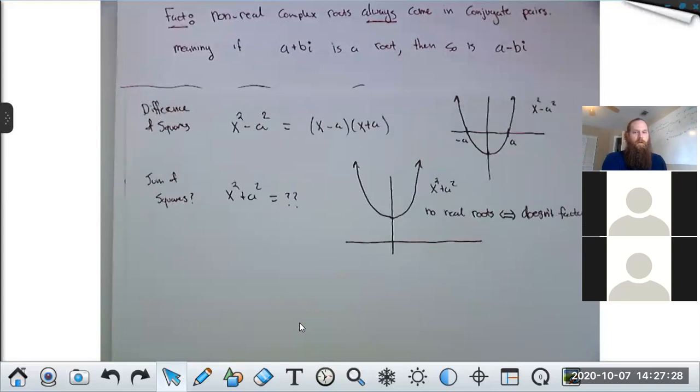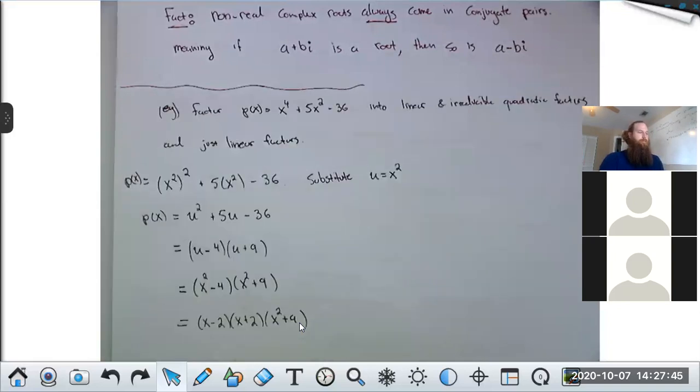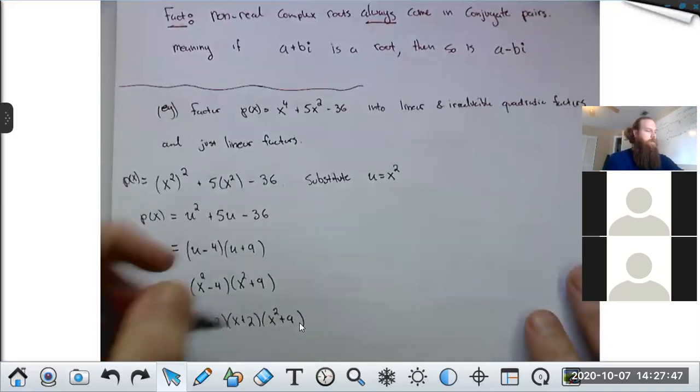So because it doesn't have any real roots, it isn't going to factor. All right. So this piece would be your answer for part A.